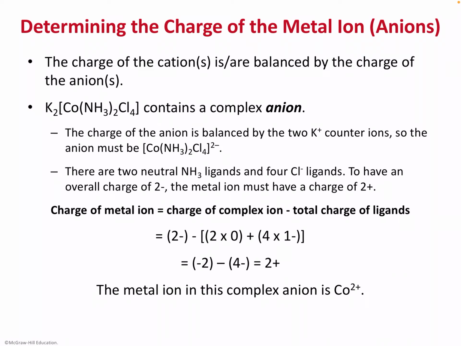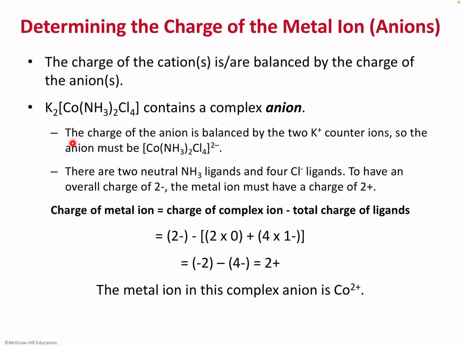The charge of the cations is balanced by the charge of the anions. Now here you have potassium and then you have a square bracket. What's inside is your complex ion. Potassium is outside, so potassium is a simple cation, and here you have a complex anion.